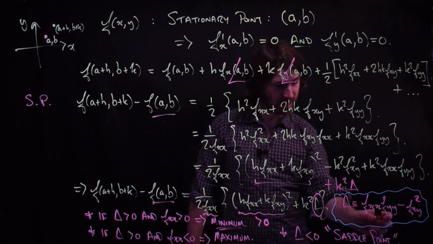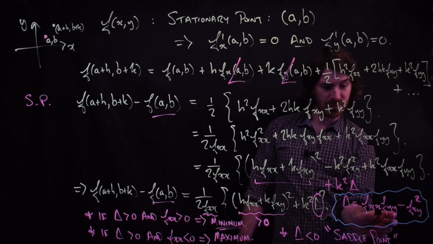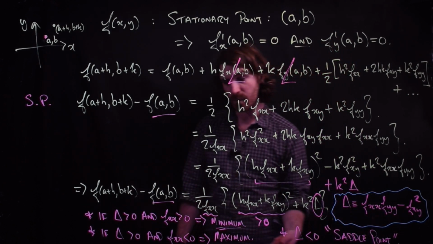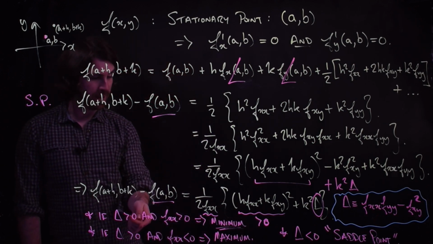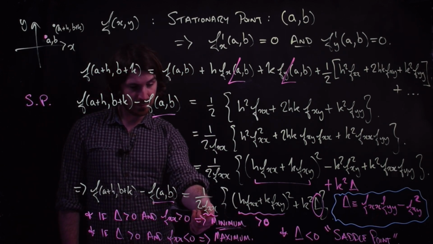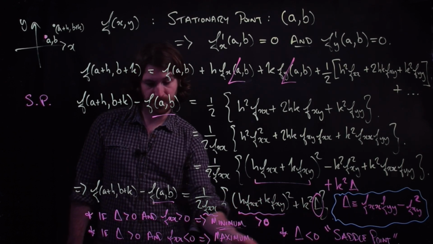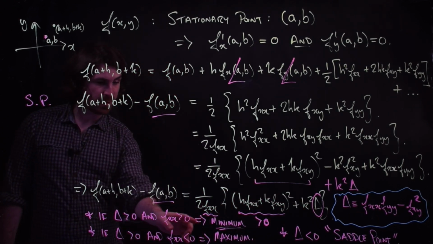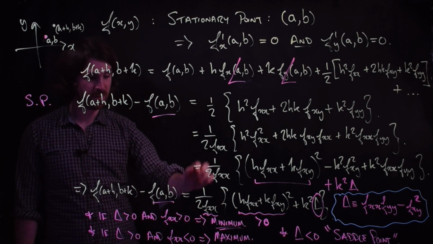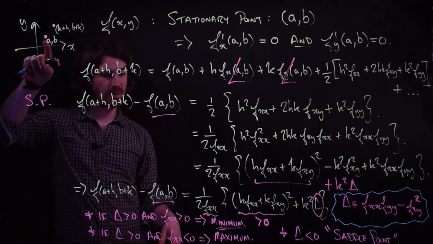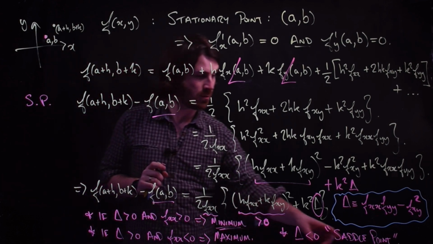And delta we defined as the product of these two derivatives minus this derivative squared. Depending on the sign of fxx and delta, you'll either get a minimum on your surface at the point (a,b), a maximum at this point, or a saddle point.